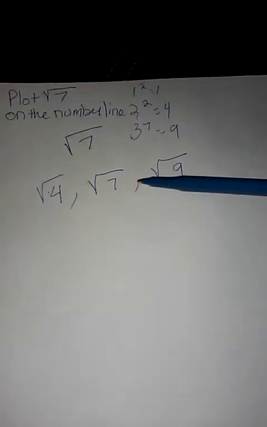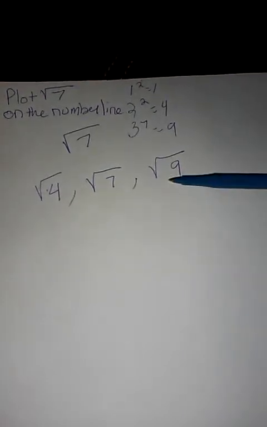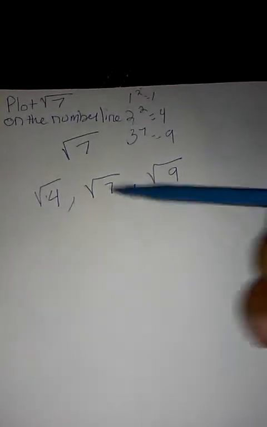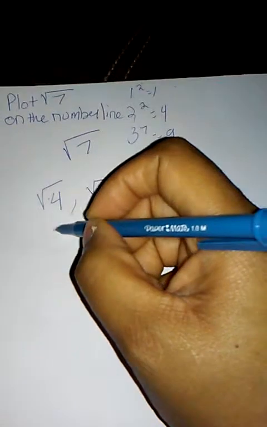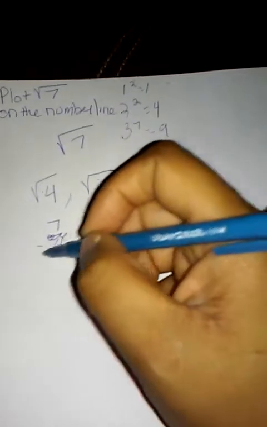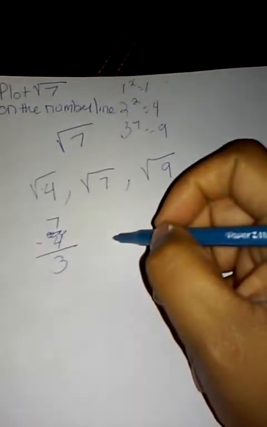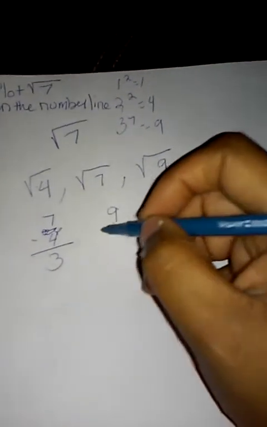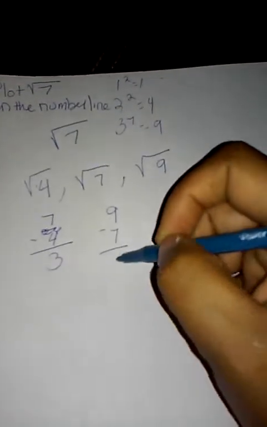Okay, so now we need to see which is closer to 7. Is it 9 or 4? To do that, we just simply subtract. We'll say 7 minus 4 is 3. And then we'll say 9 minus 7 equals 2.